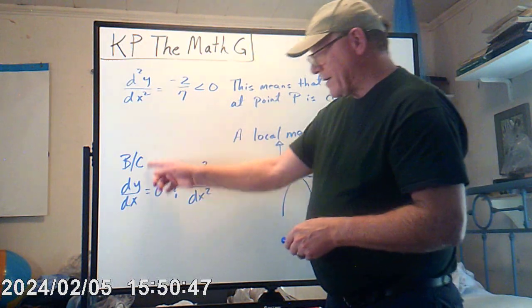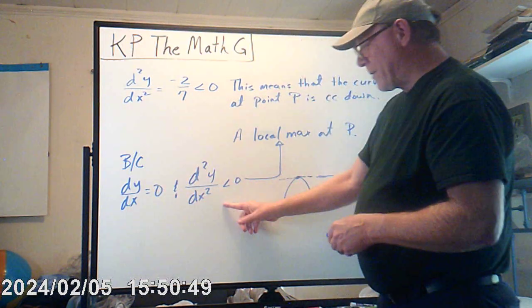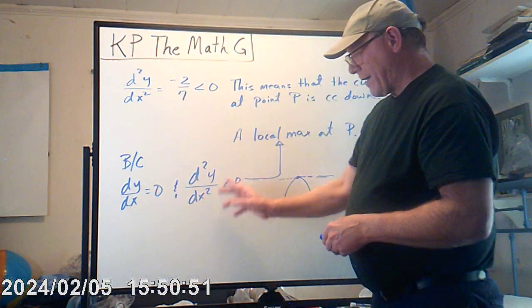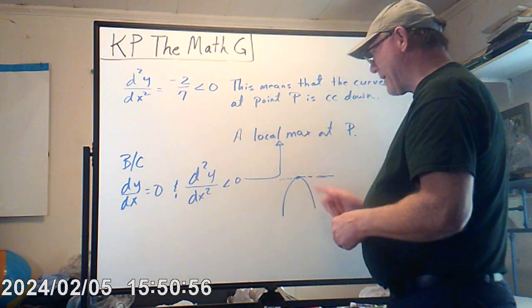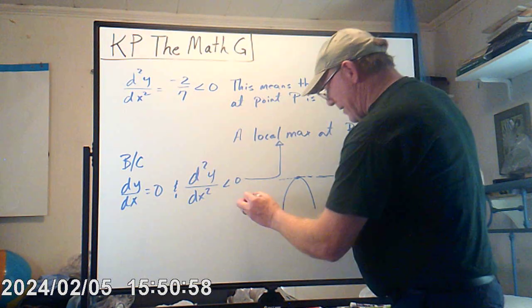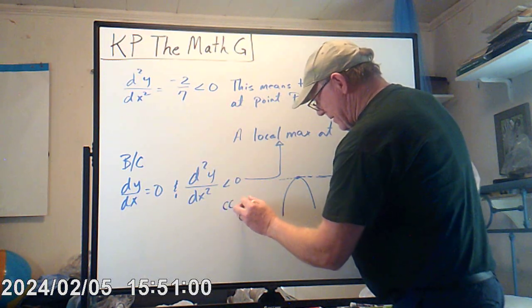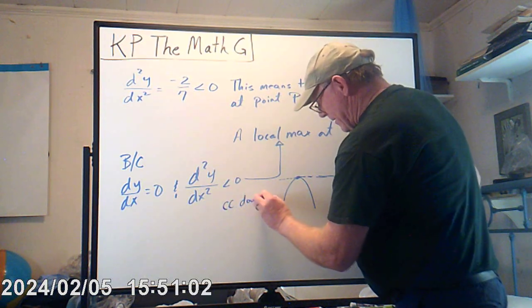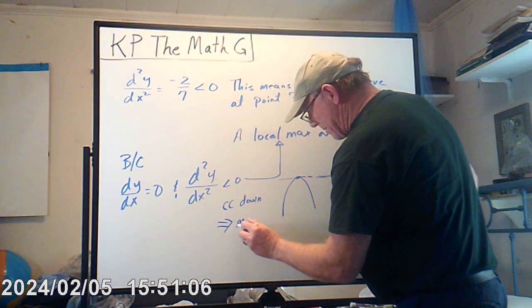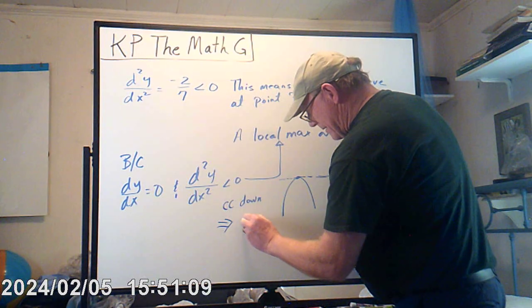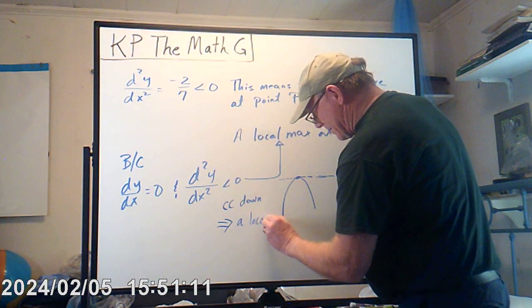Alright, and so because this slope here is 0 and the second derivative is less than 0, then it is concave down, which implies that we have a local max. A local max.